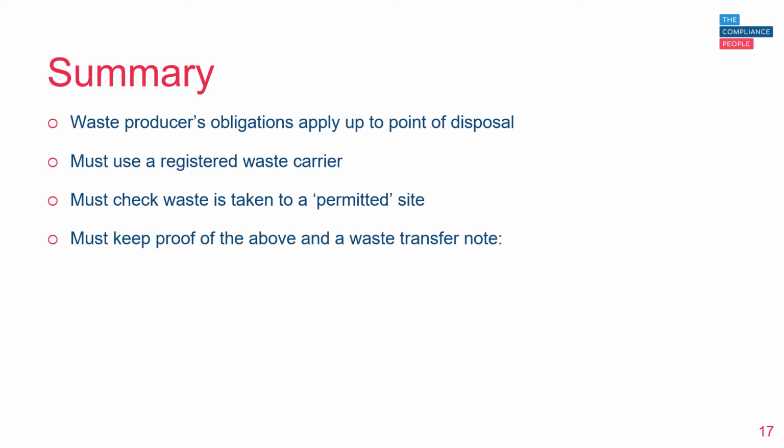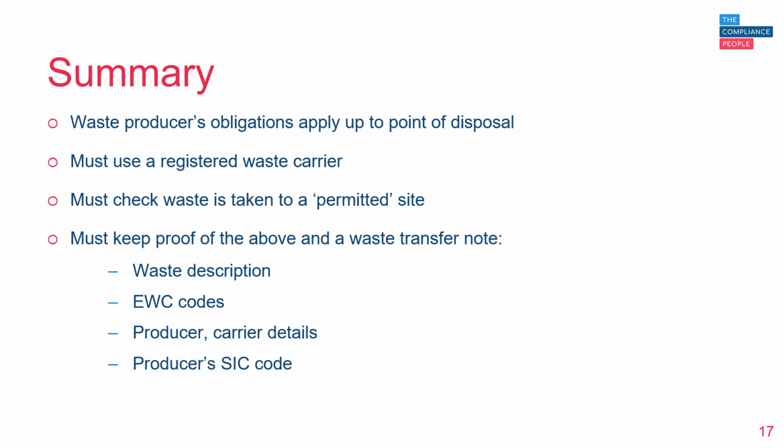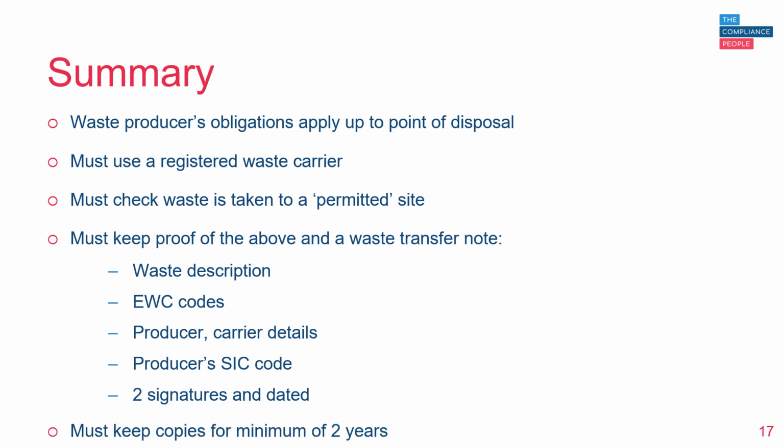You need to keep proof of the above and also a waste transfer note which has the waste description, the correct EWC codes recorded, the producer and carrier details, the producer's SIC code, and 2 signatures which are signed correctly and dated. You need to keep copies of waste transfer notes for a minimum of 2 years, and this is both for annual waste transfer notes and for transfer notes that record individual transfers.